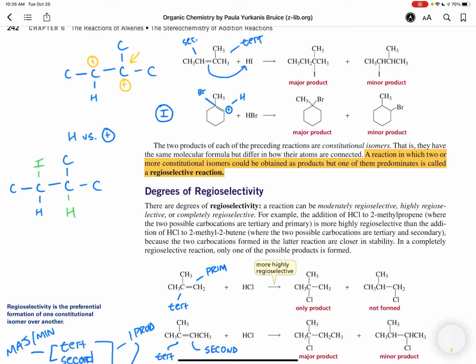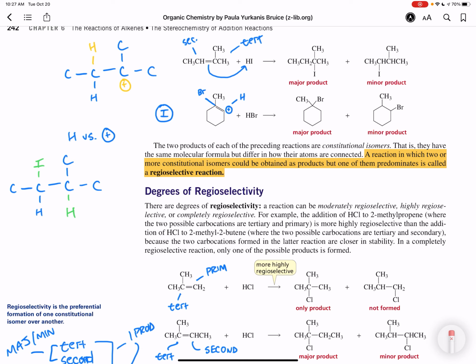So what does that mean? That means, and we're adding HI here, we're going to put the hydrogen on the less stable carbon, the one that's only attached to 2, that's secondary in this case. Well, what do we have left? We have the iodine.